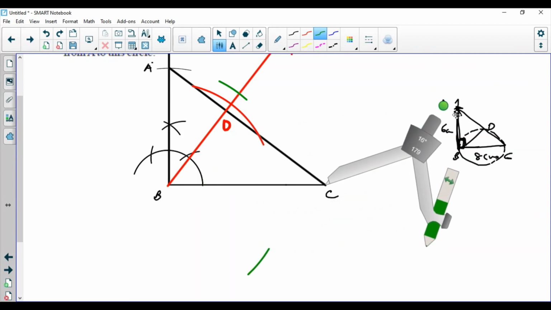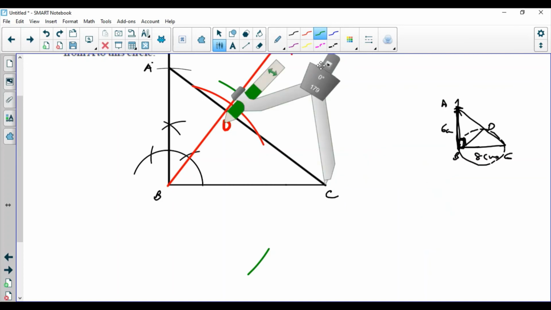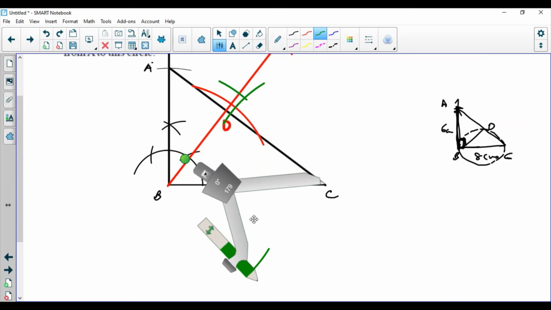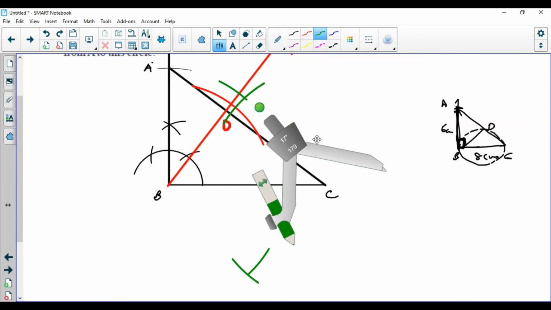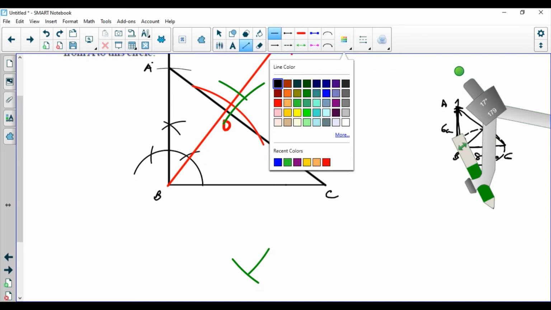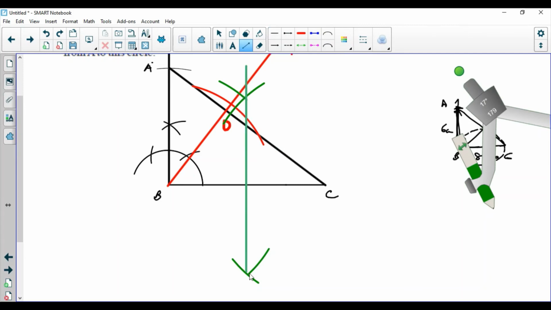Similarly on C I have to keep, join them to get a perpendicular bisector.